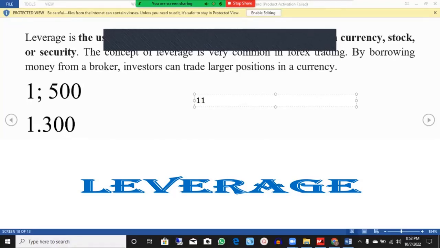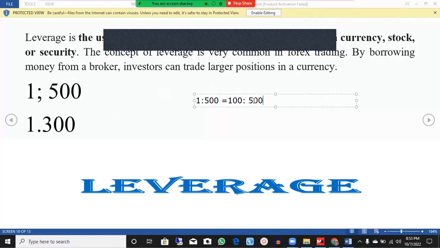So 1:500 could represent, let's just have it as they are saying 1, which is your equity. Let's say you have $100, so when they say 1:500, you're simply telling them to times your $100 by 500. That's what you want as your equity.